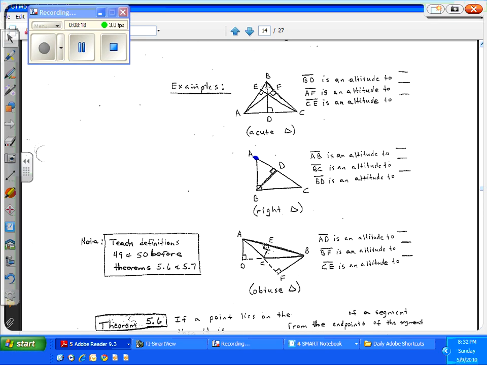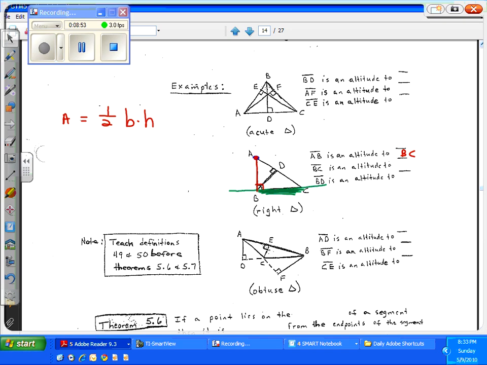AB, if we want the altitude from A, then we would draw the line that contains the opposite side. The segment from A perpendicular to the line containing the opposite side is AB. AB is an altitude to BC. Now, the reason this gets to be important is, remember that the formula for every triangle is 1/2 base times height. If we let BC be the base, then what's the height?